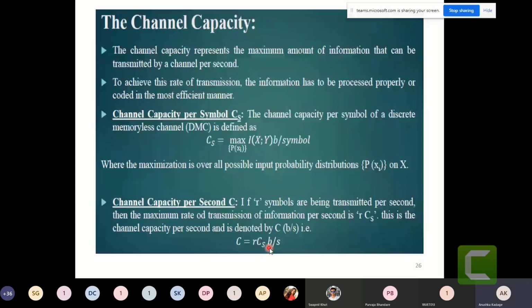Its unit now becomes bits per second, while the channel capacity per symbol has the unit bits per symbol. So you can now differentiate, because R tells us how many symbols, but symbols are nothing but number of bits. So the unit of R is symbols per second, so ultimately it is bits per second, and that's why the unit of C will be bits per second.